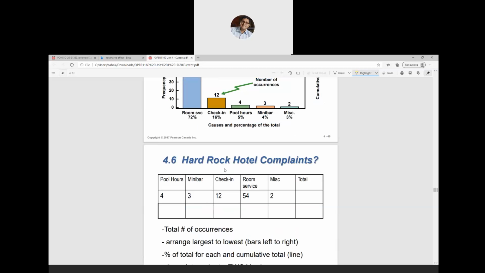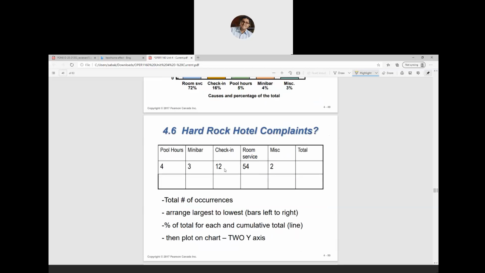So assume that you are the manager of Hard Rock Cafe and you find that there have been complaints coming from the customers. So you try to divide the different reasons. For example, this is a data collection. It's a quantitative method.